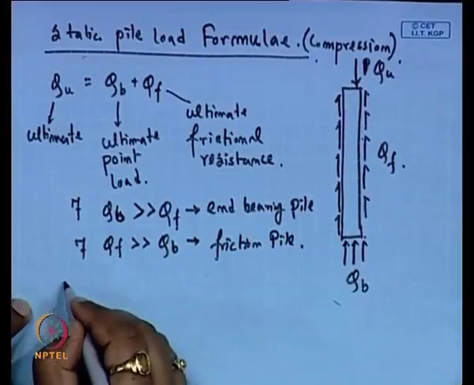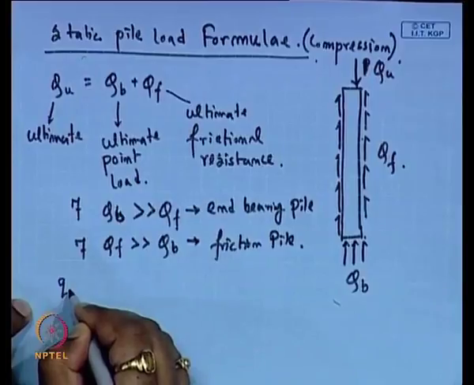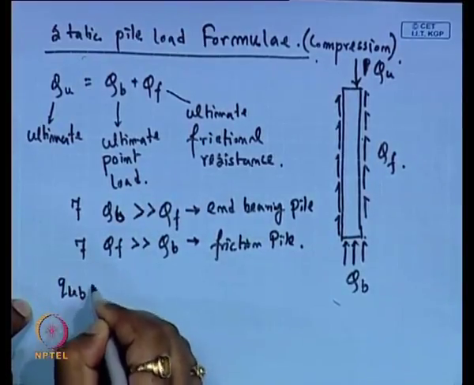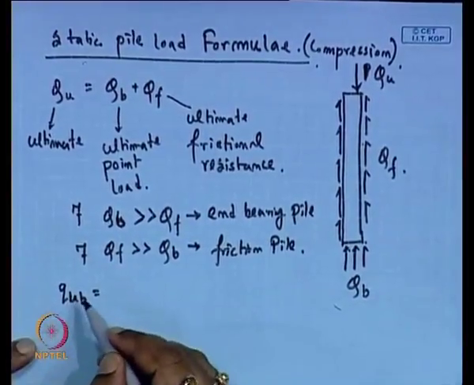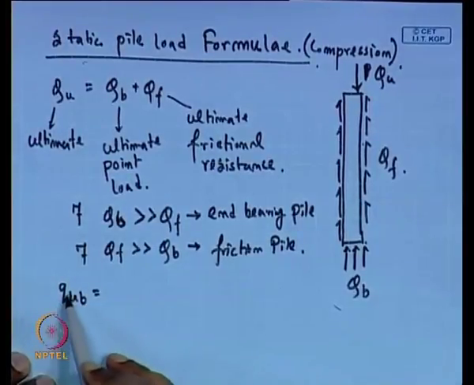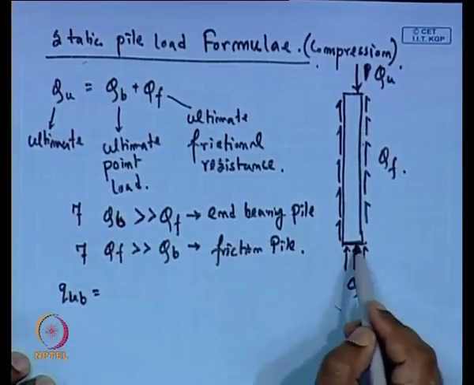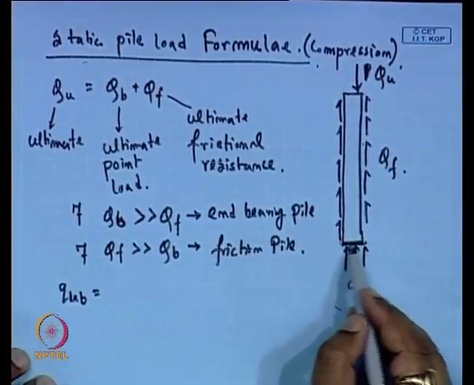So, first we can write Q U or Q U B, that means the ultimate load carrying capacity of any foundation. Here we can say this is the ultimate stress of the base soil, or the base of the pile, that means the bearing resistance that we are getting from this toe.